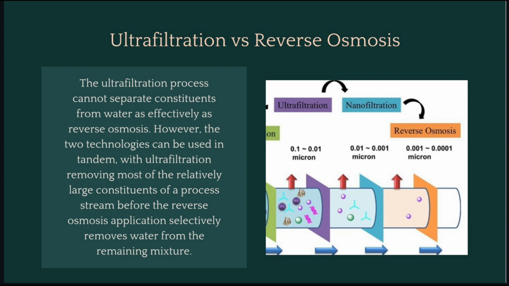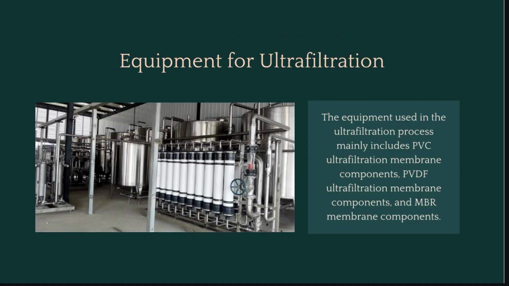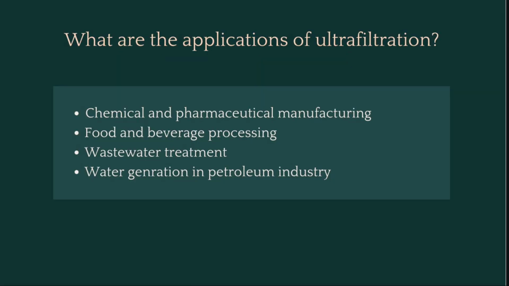However, the two technologies can be used in tandem, with ultrafiltration removing most of the relatively large constituents of a process stream before the reverse osmosis application selectively removes water from the remaining mixture. The equipment used in the ultrafiltration process mainly includes PVC ultrafiltration membrane components, PVDF ultrafiltration membrane components, and MBR membrane components. So now, we will discuss the applications of ultrafiltration.